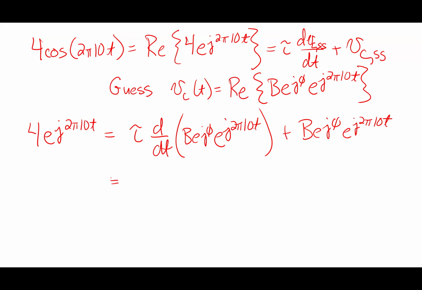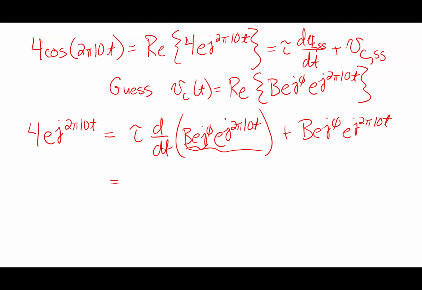Well, I take the derivative there, right? What happens when I take the derivative of this ugly beast? I multiply the whole thing by j 2 pi 10, because b e to the j phi is a constant number. It's a complex number with magnitude b, angle phi.